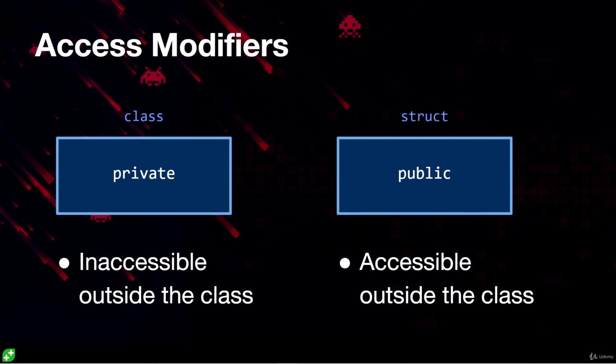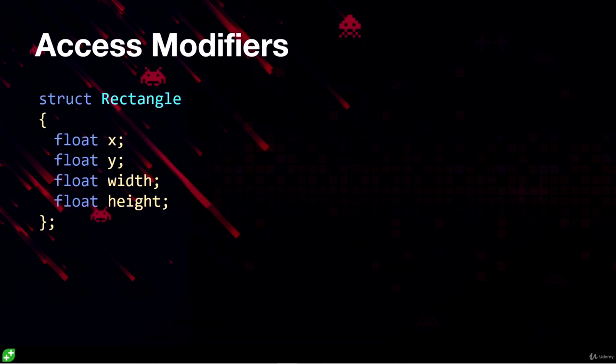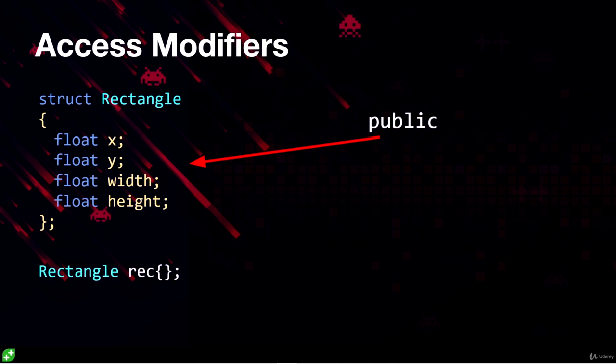So what exactly does that mean? Well, we have experience working with the rectangle struct, and because this is a struct, its body is public by default, meaning its variables are public and we can access them from outside the struct. So let's say we create a rectangle in our code in the main function. If we attempt to access its member variable y and set it equal to a value, we can do that because it's public.